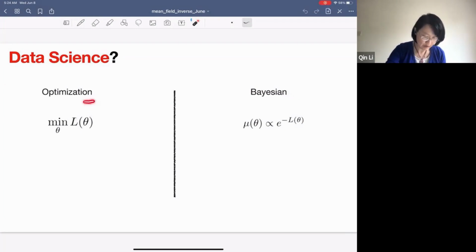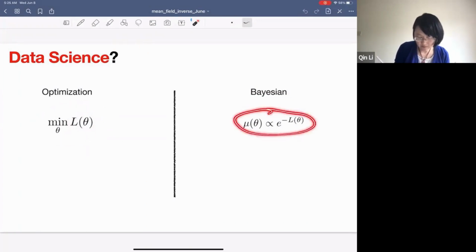For example, in optimization, you have a loss function, and this loss function depends on the parameter theta. And one task in optimization is, can you find the particular configuration of theta so that the loss function is minimized? So that's one thing in optimization.